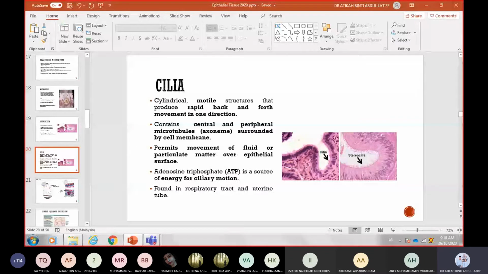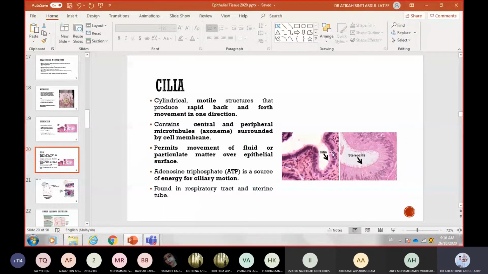For example, in your uterine tube, which is your fallopian tube. If you have ovulation in the ovary, the movement of the expelled ovum inside the fallopian tube will be helped by the cilia.